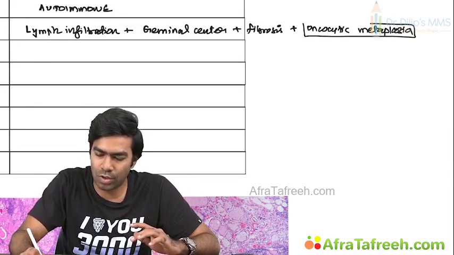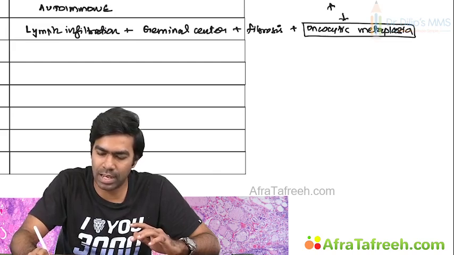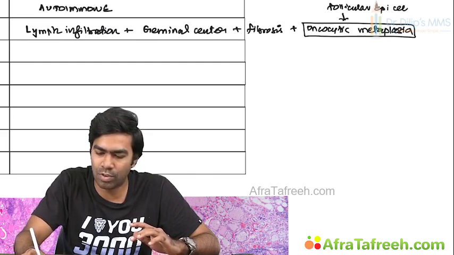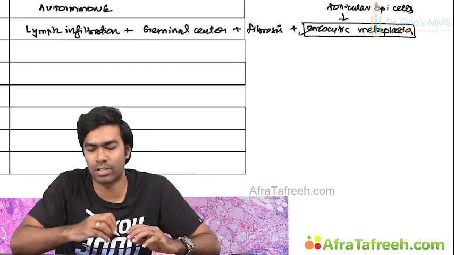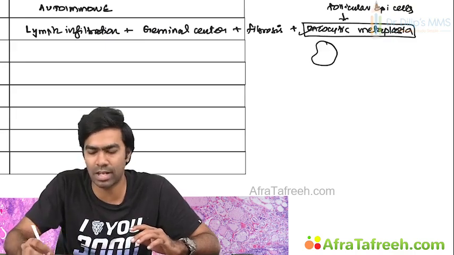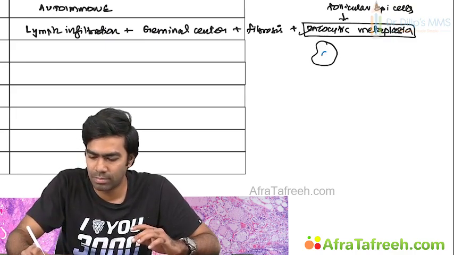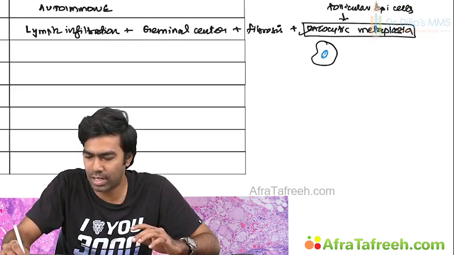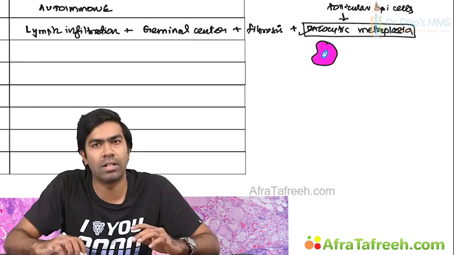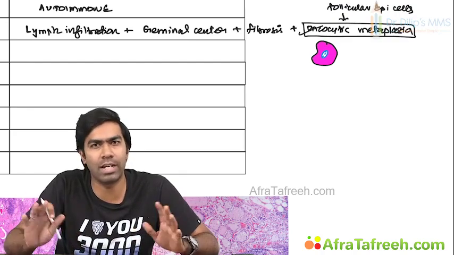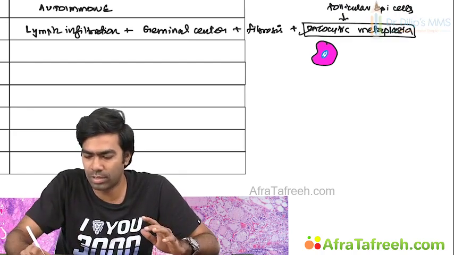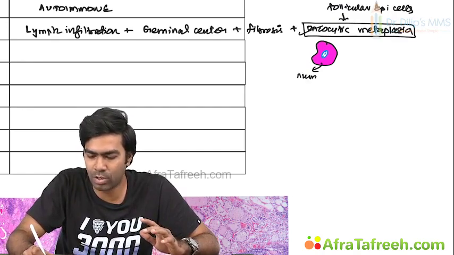So, which cells go for metaplasia? These are the thyroid follicular epithelial cells that go for metaplasia and they become oncocytes. What do you mean by oncocytes? These are the cells that generally stain with pink cytoplasm, that is strongly eosinophilic cytoplasm, because they contain numerous mitochondria.